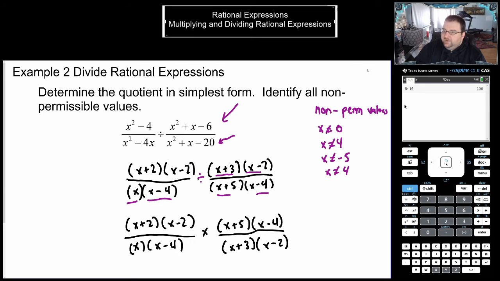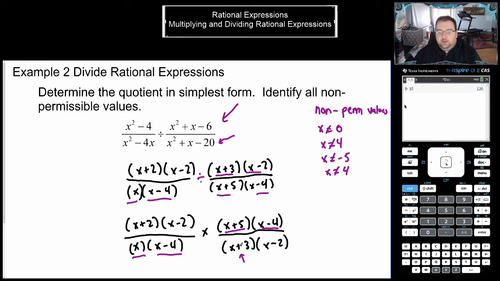Now I want you to take another look at your non-permissible values, and you'll see where kids make the mistake. Where did our non-permissible values come from? They came from here, here, here, and here. I want you to ask yourself, can this be equal to 0?